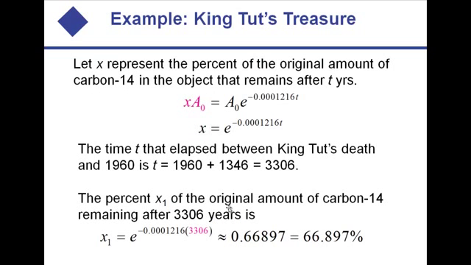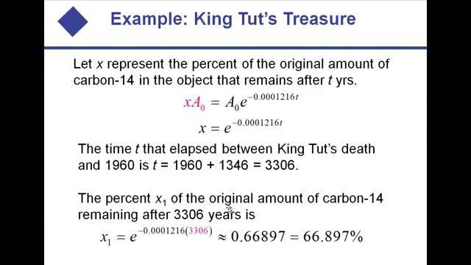Okay, so now we can let x represent the percent of the original amount of carbon-14 in an object that remains after t years. So x times the original amount is going to be the original amount times e to the kt, so x just represents the e part.